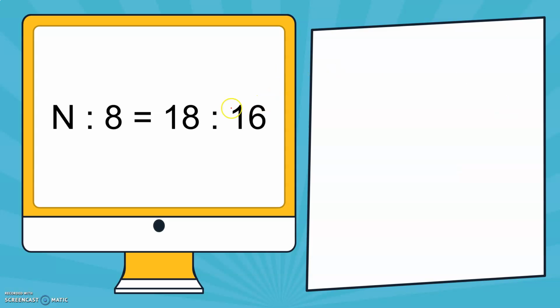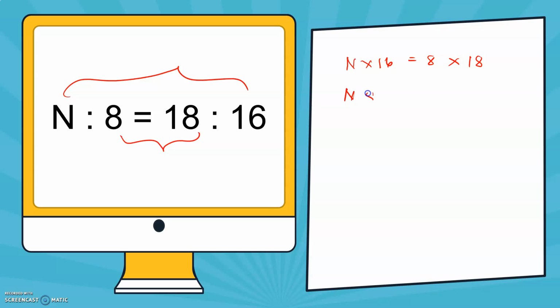Let's try our last example. n times 16 and 8 times 18. So let's solve for the value of n. Again, the product of the extremes should be equal to the product of the means for these two ratios to be proportional. So we have n times 16.